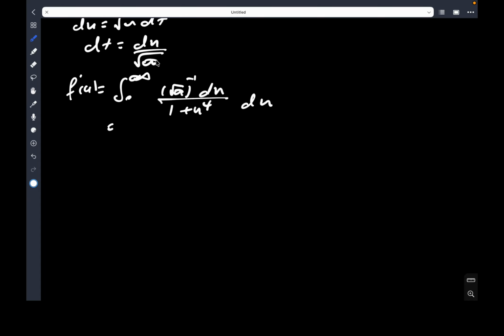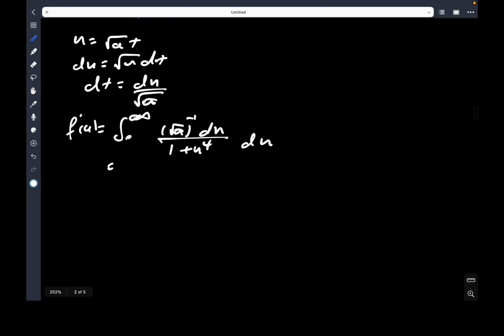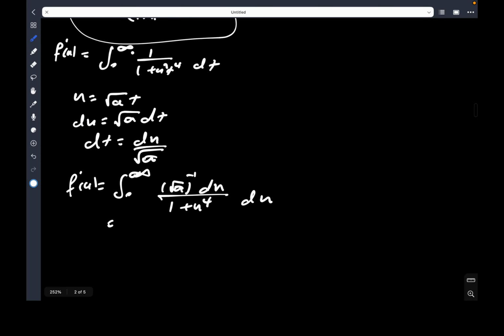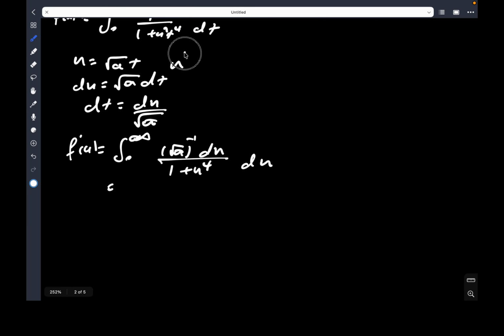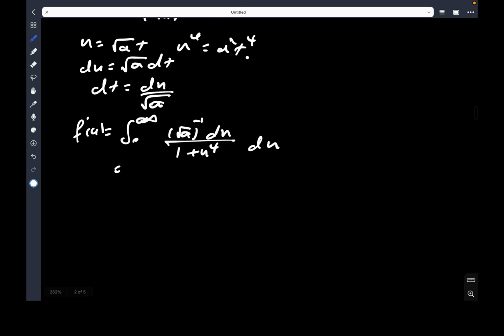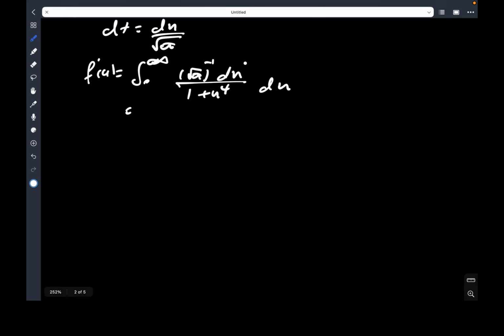And u to the power of 4 equals a squared t to the 4. So I can move 1 over root a outside, the integral from 0 to infinity, and it's going to be du over 1 plus u to the 4.